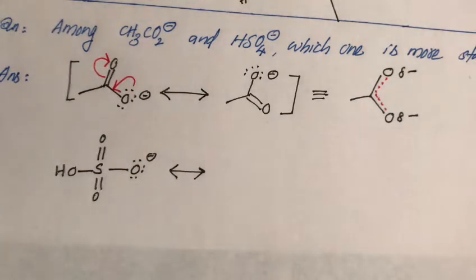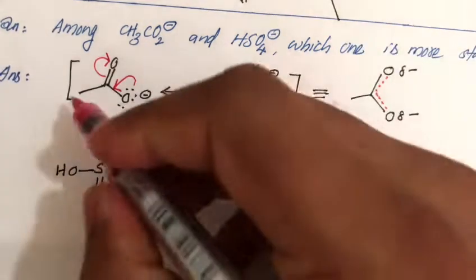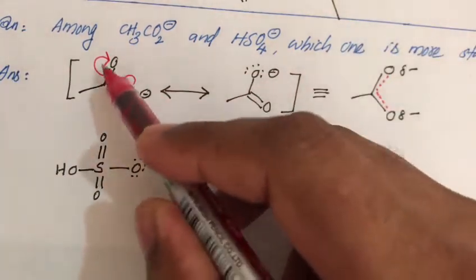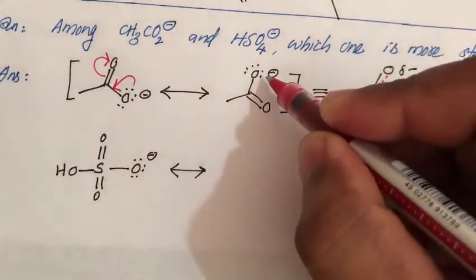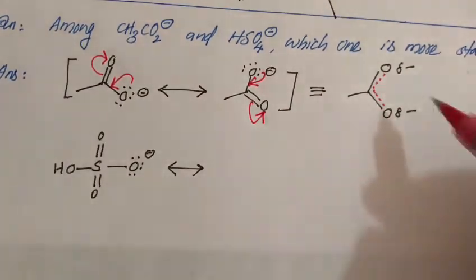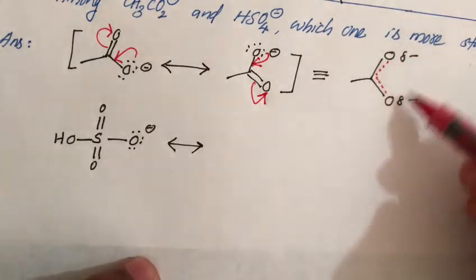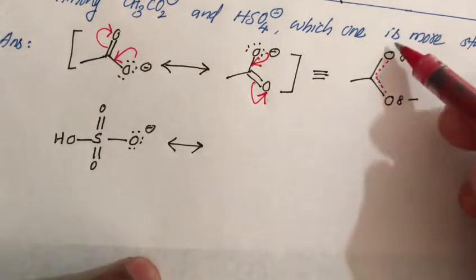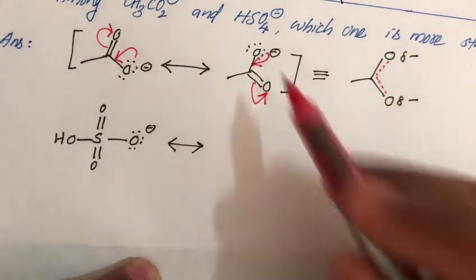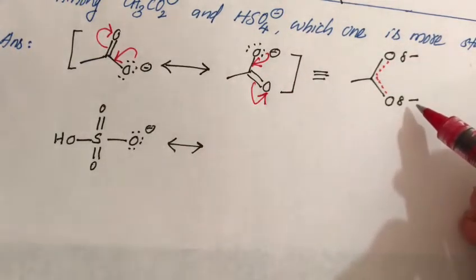So this is CH3, C double bond O minus. So shift, you will end up with this structure. So you can get back the initial structure by this type of movement. So you will end up with this hybrid structure. So these two oxygens partition this one negative charge.